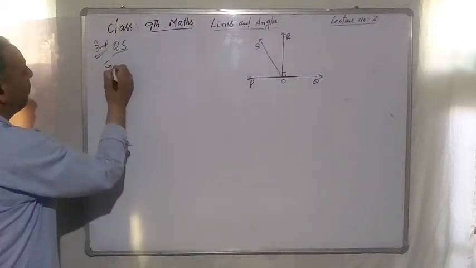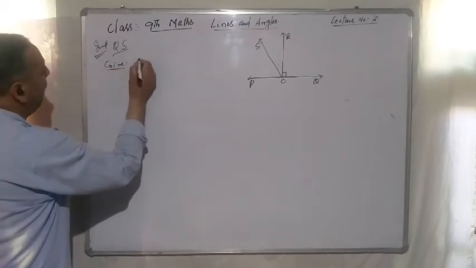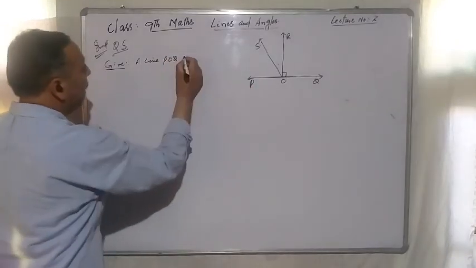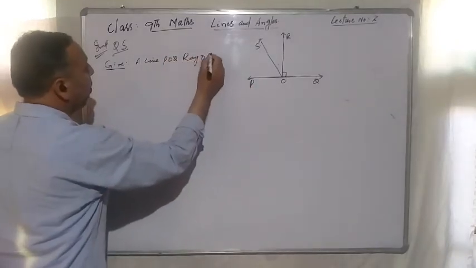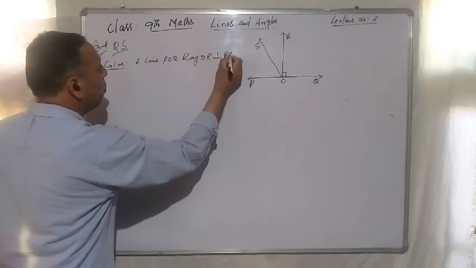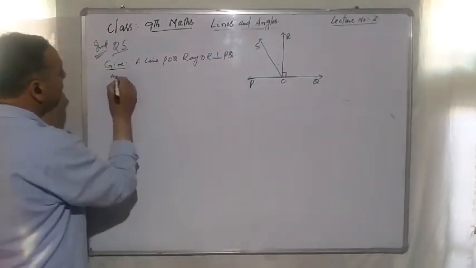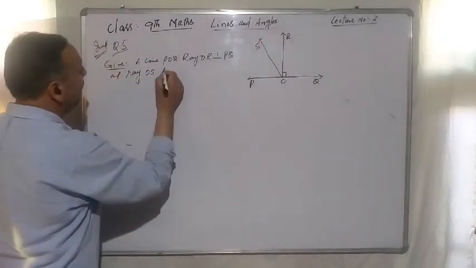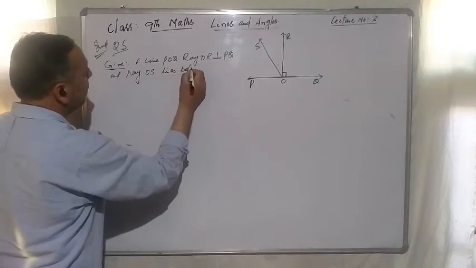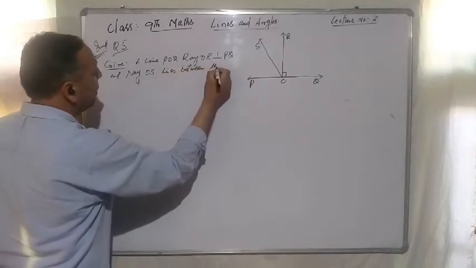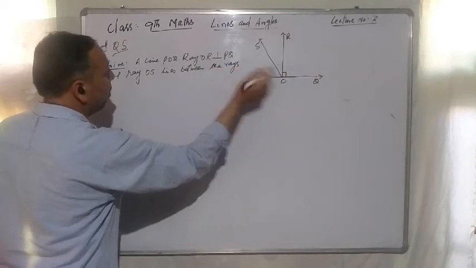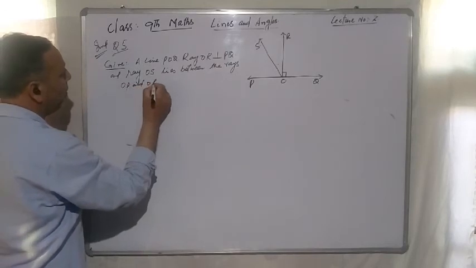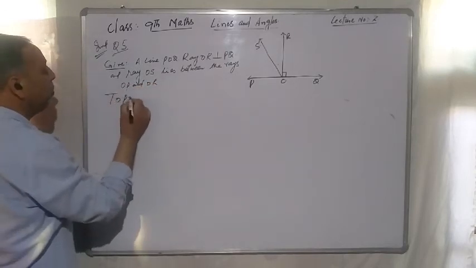So what is given here? A line POQ, ray OR is perpendicular on PQ, and ray OS lies between the rays OP and OR. To prove, what we have to prove?